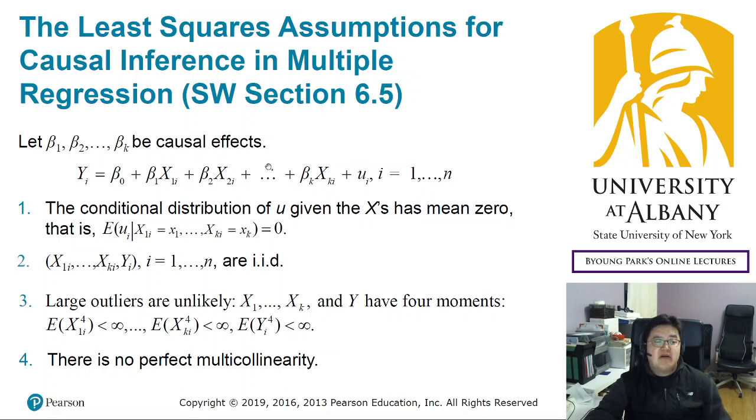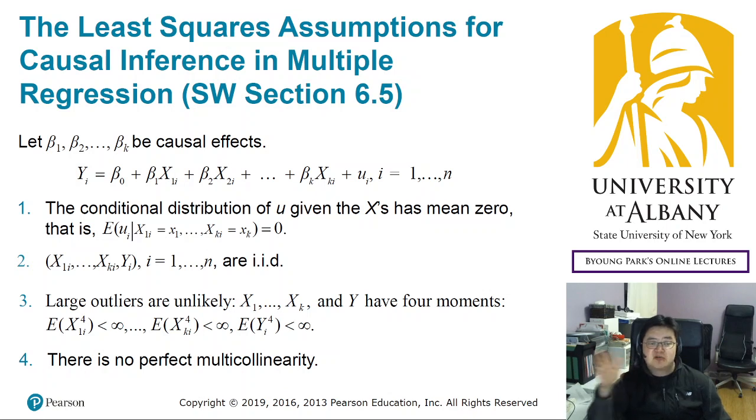And to have causal interpretation on those coefficients, there are 4 assumptions. The first 3 assumptions are the same as in the single regressor case. The first one is conditional mean 0, which means that the error term has no systematic pattern with respect to the regressors.